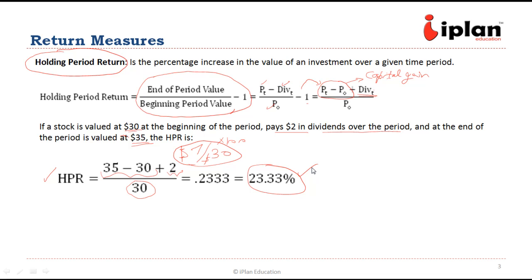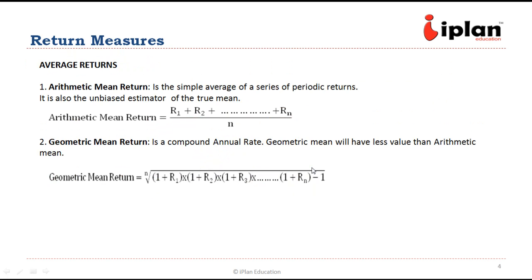Now let us look at some other simple measures for the return. These are two simple average returns. One is arithmetic mean, another is geometric mean. So if the returns for different periods are given, either we can take the arithmetic mean of that or geometric mean, which is taken as 1 plus r1 into 1 plus r2 and nth root of the equation.